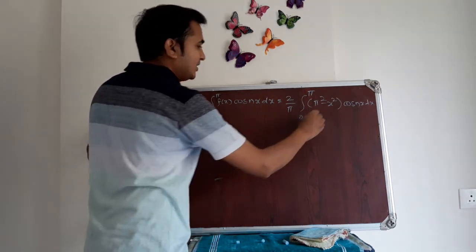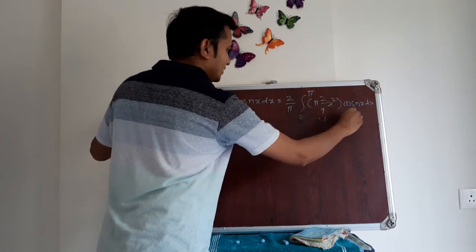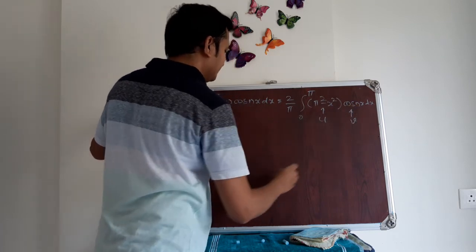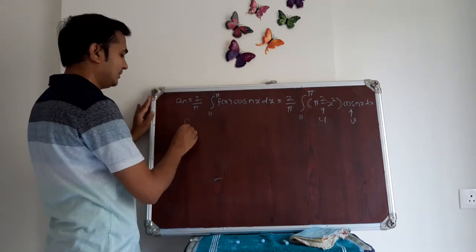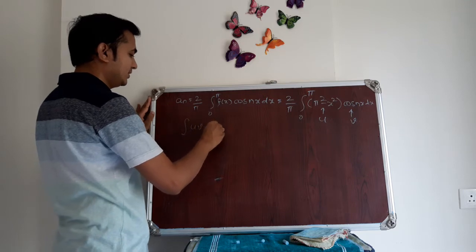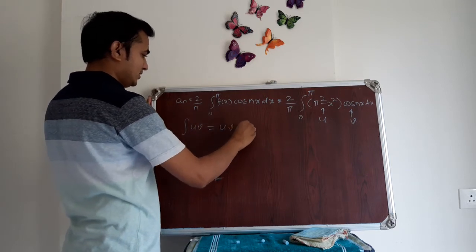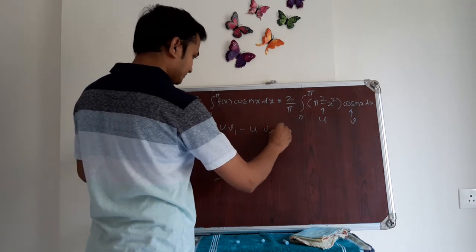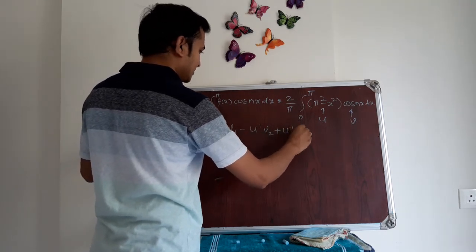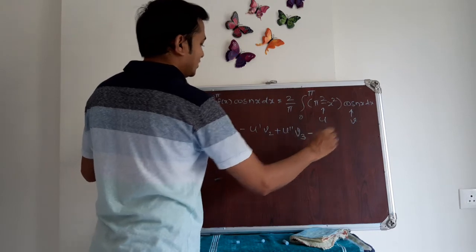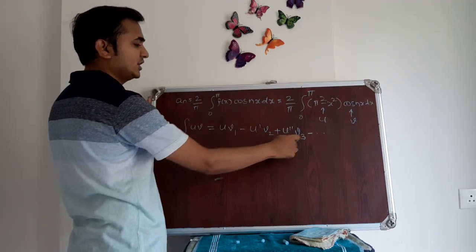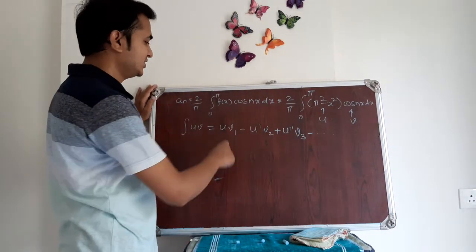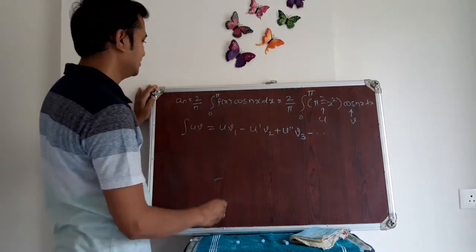So this is my u, this is v, and generalized by parts, let me mention here one more time, this is u v1 minus u dash v2 plus u double dash v3 and so on, where this suffix denotes integrations and this dash denotes differentiation.